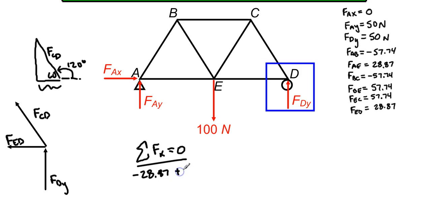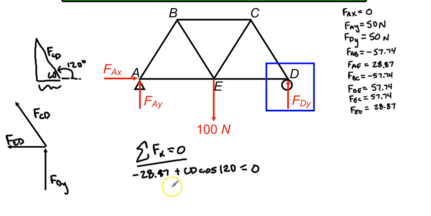So we're going to go plus FCD, or I sometimes just write it as CD, same thing there. And we want the cosine of 120. This trig function will correct, because this is actually going in the negative x direction, but the cosine of 120 is going to end up being negative. So that'll all work itself out.